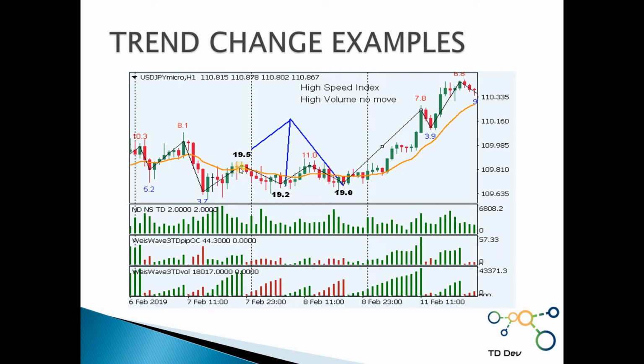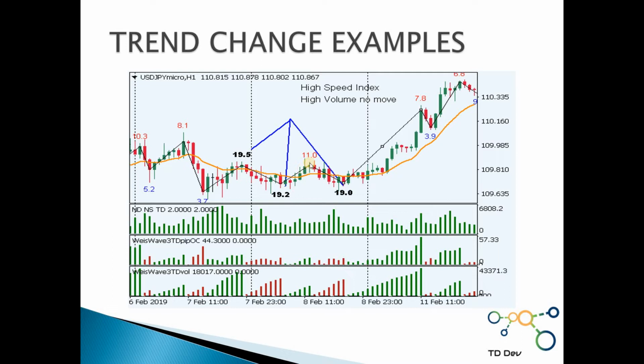So in order for us to identify that the trend will change, we'll have to see after this that the down waves have also high speed indexes, which means they are slow waves. So from 19.5 we're going to 19.2, that's again a slow wave.